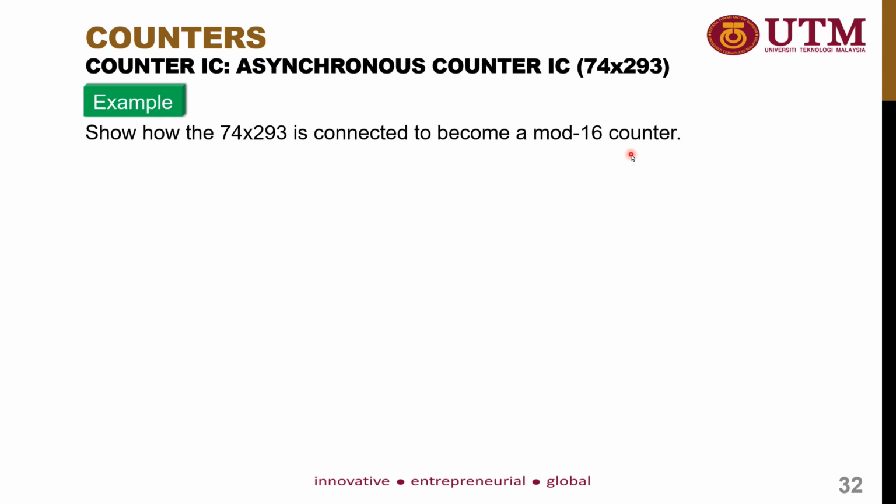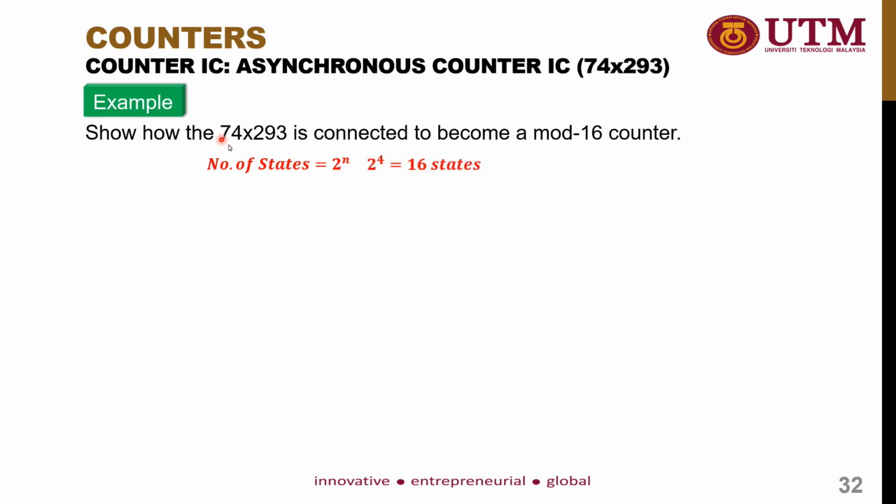In order for us to validate whether the 74X293 IC is valid to become a mode 16 counter, you need to substitute into the equation for the maximum number of states, which is 2 to the power of n, where n represents the number of flip-flops. As the 74X293 IC has a total of 4 flip-flops, 2 to the power of 4 equals 16 states.